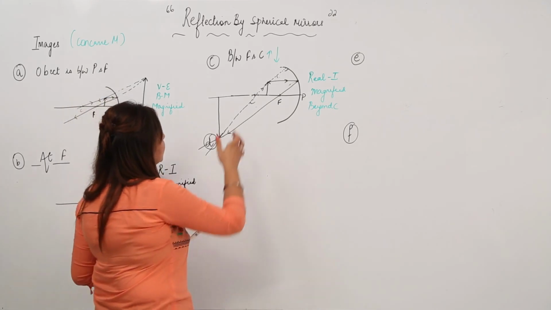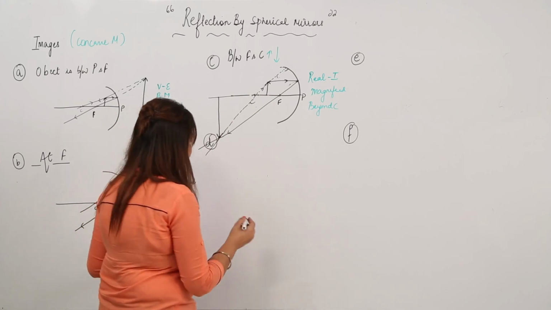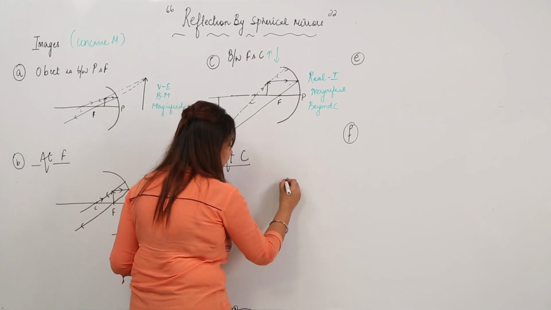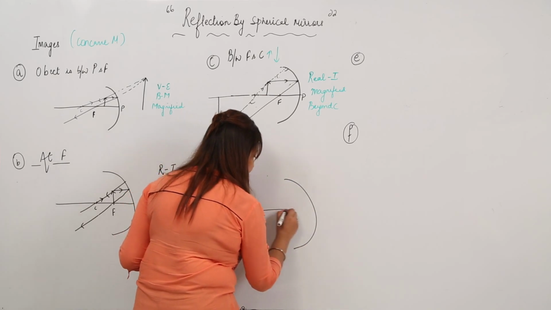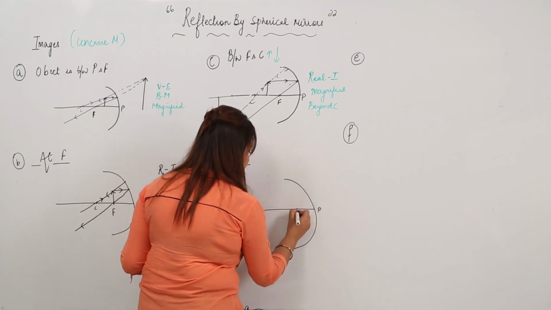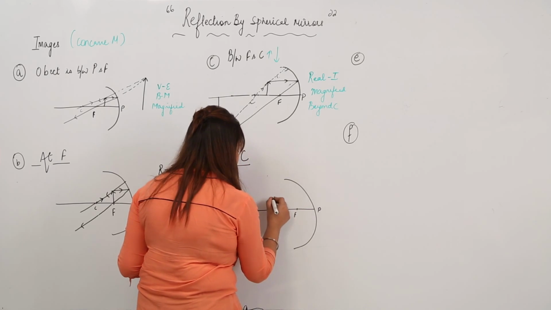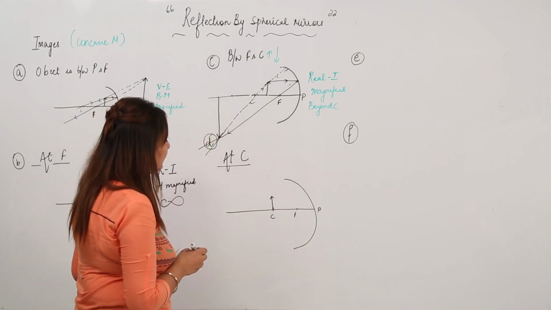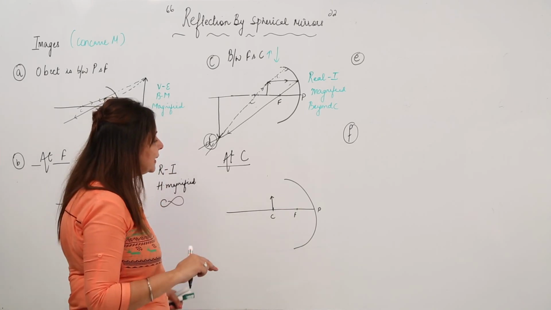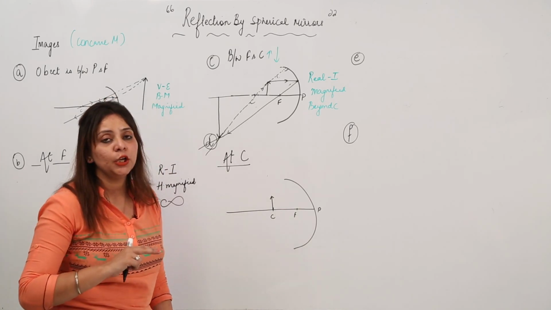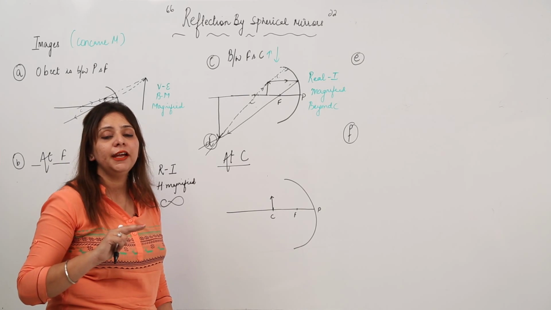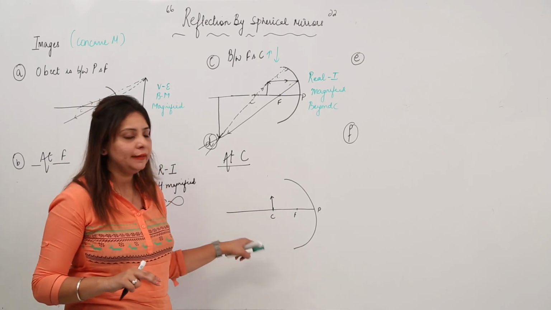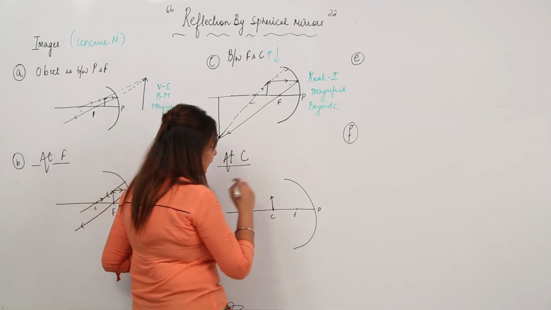Now we are going to move this object to point C. So now the object is at C. This is my concave mirror, again my pole, focus and C. In this case, we cannot take the case that the ray coming from C rebounds, because here the object is at C. So I am taking the other two cases.